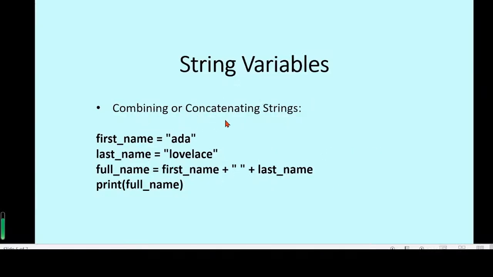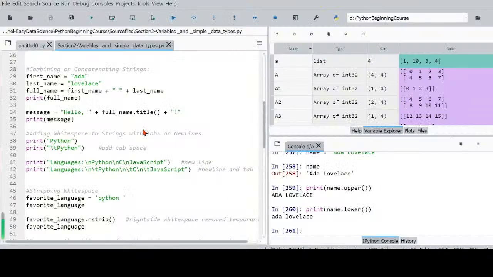Combining or concatenating strings. So this is a string for first name, and this is a string for last name. So you can create a string called full name using first name plus a space symbol and with last name. Then you can print it out.